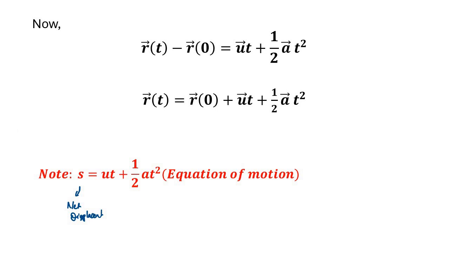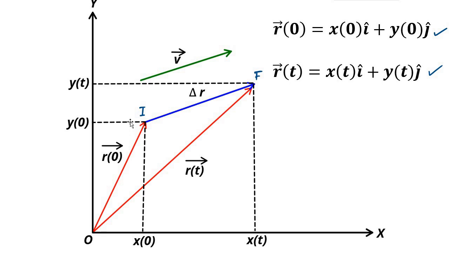So here from this representation, vector representation of the initial and final position, the net displacement is equal to delta r vector. So this is vector, it's not scalar, delta r vector, that is equal to rt vector minus r0 vector, final position minus initial position.